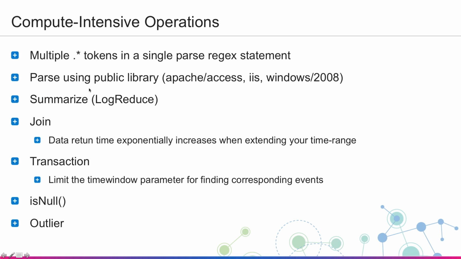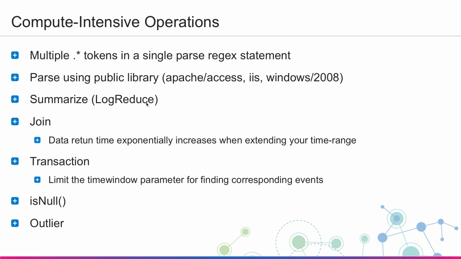If you are parsing the data and you're using one of our public libraries, consider rewriting those parse statements. And if you need help, our team, the customer success team, will be glad to work with you to create the proper parse statement so that you're not utilizing some of these public libraries that we have available.